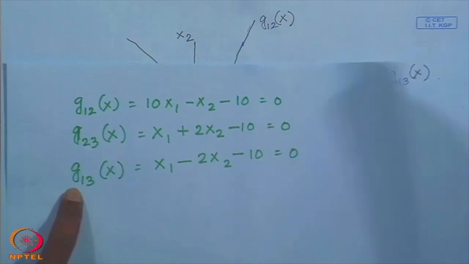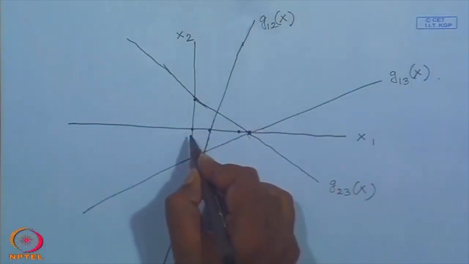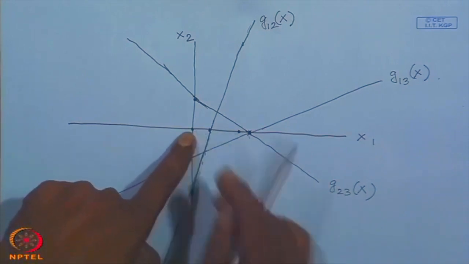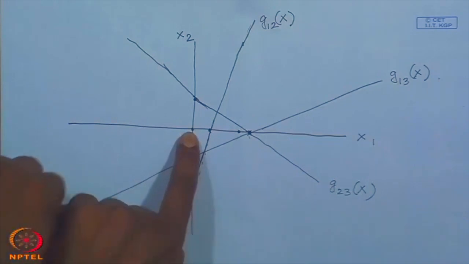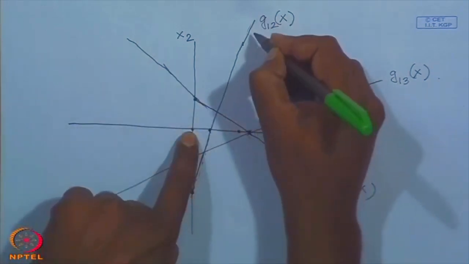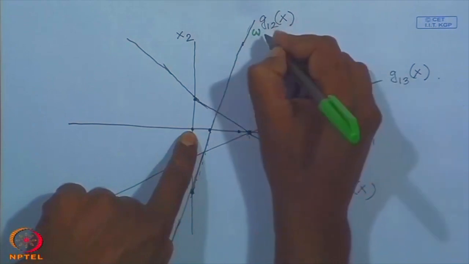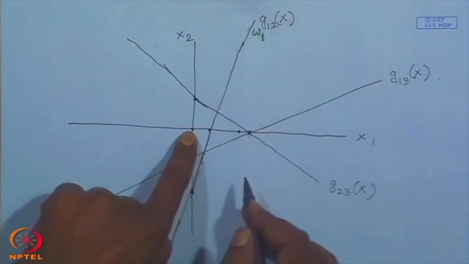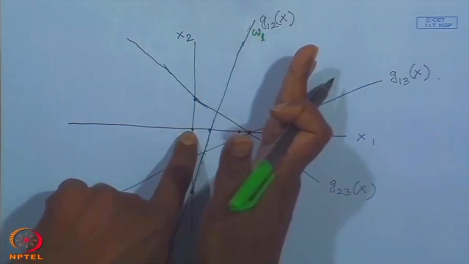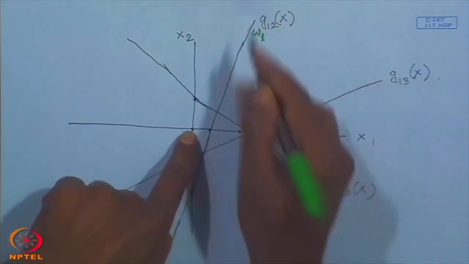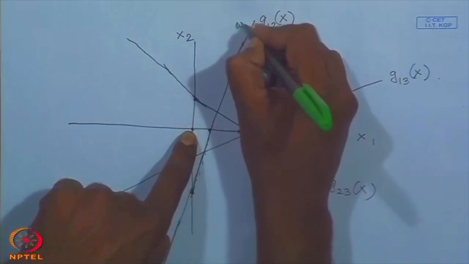So, that means this origin lies on the negative side of each of these planes. So, as the origin lies on the negative side, that indicates that considering this g12x, this side of g12x is omega 1, because on this side g12x is positive, and on this side it is omega 2.